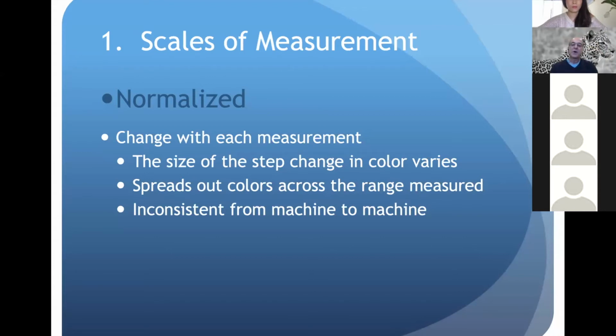The problem with that is that every cornea is going to look different. So if you've got a normalized scale, a keratoconus will look different with a normalized scale, and a more extreme keratoconus will also look different. So the colors aren't consistent.